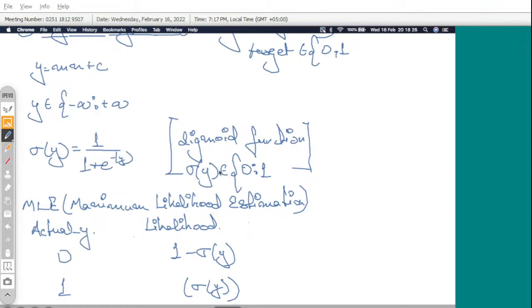Okay. So if we are calculating the sigmoid y as the probability, right? So probability is the chances of an event. Let's take an example of disease.